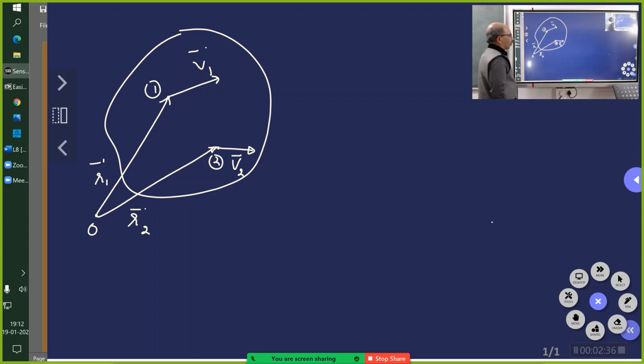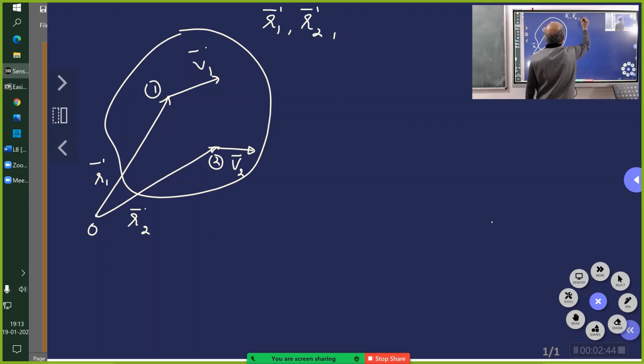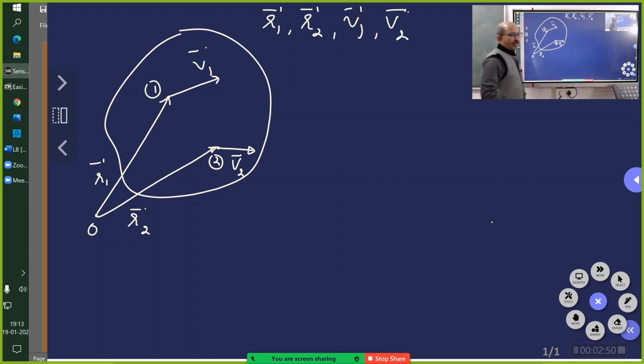And this is the reference point O. So I want you to relate all these 4 variables, R1 bar, R2 bar, V1 bar and V2 bar.